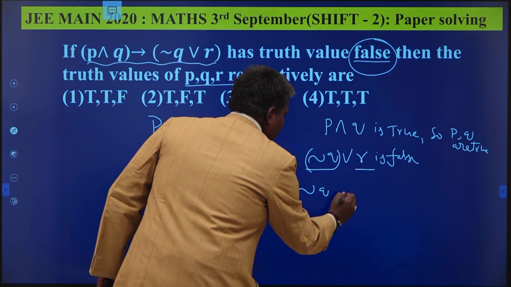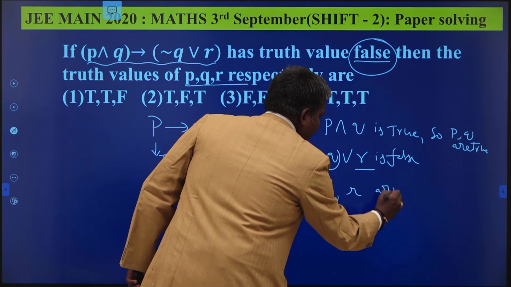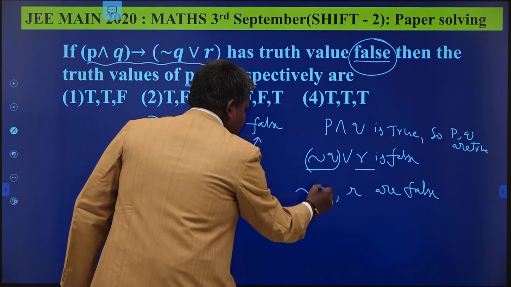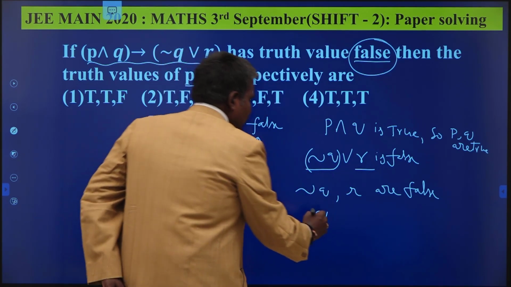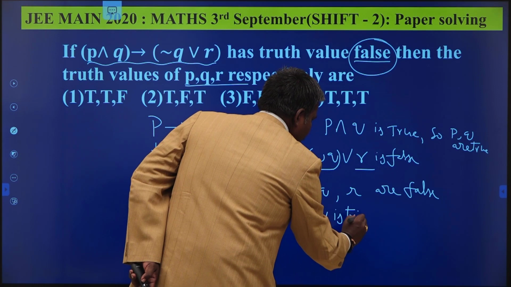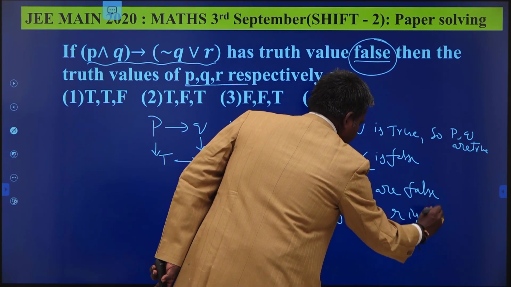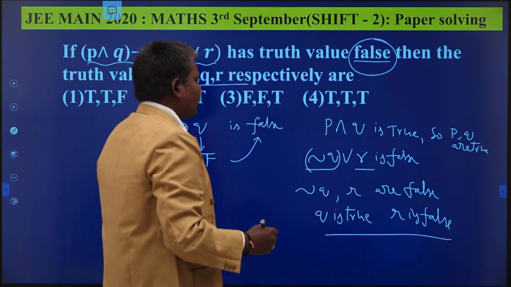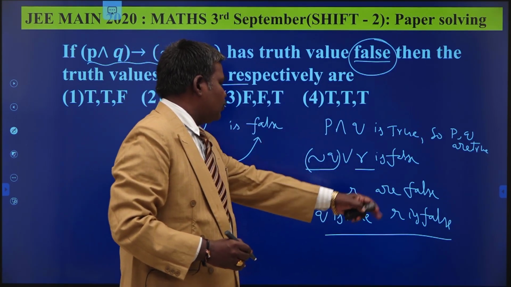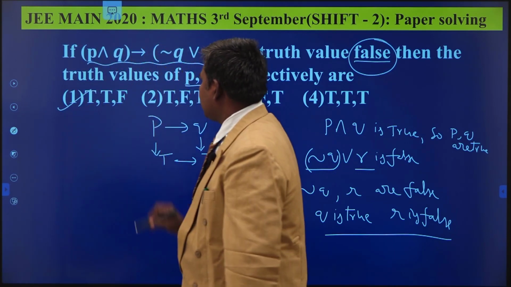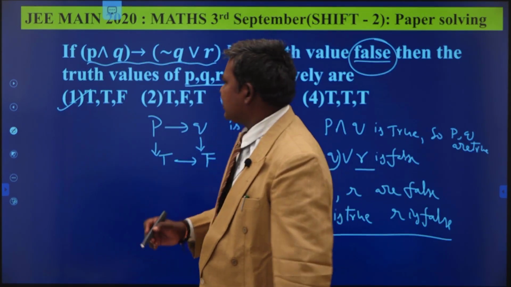Negation of Q, R are false, implies Q is true, R is false. So hence finally P, Q are true and R is false.